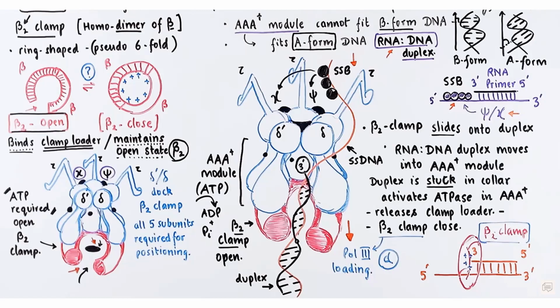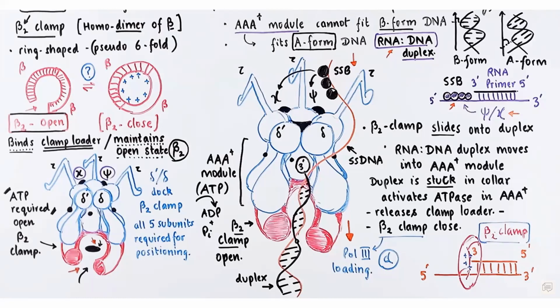At this stage, the duplex, which has the RNA, is just at the mouth of the clamp. The beta 2 clamp now attempts to slide onto the duplex. As a result, the RNA DNA duplex moves into the AAA plus module.